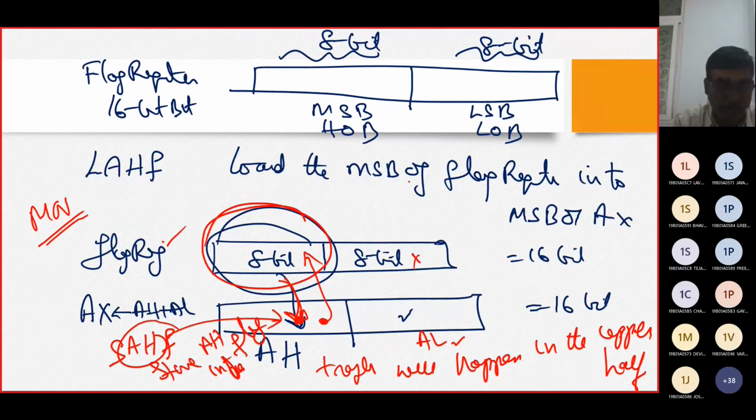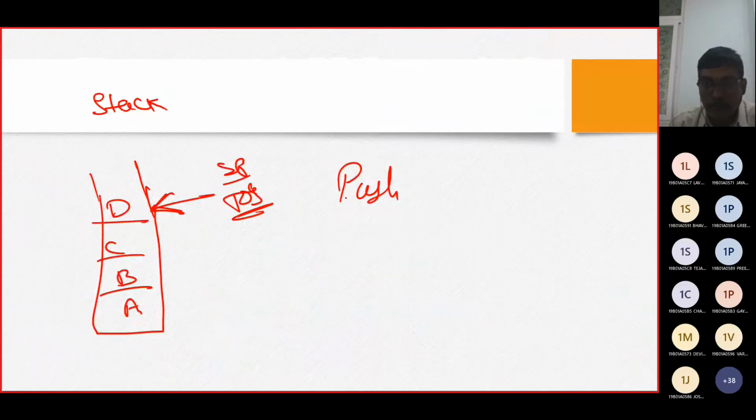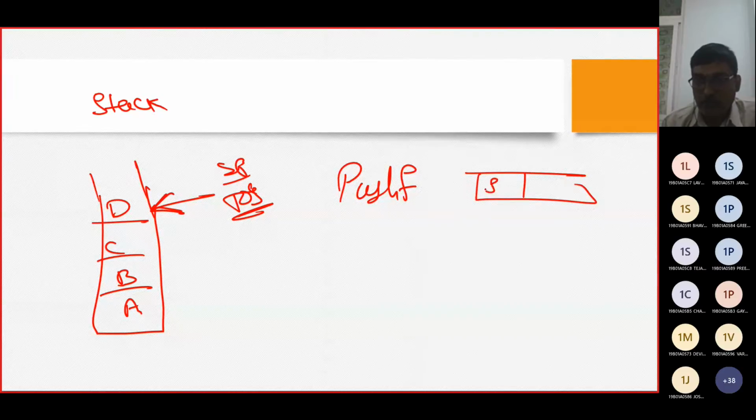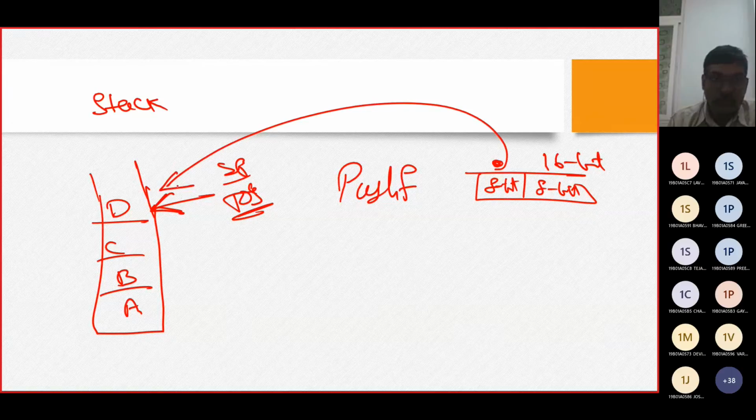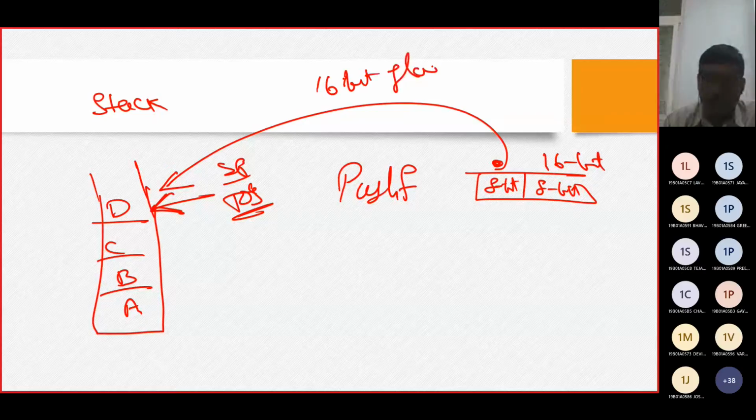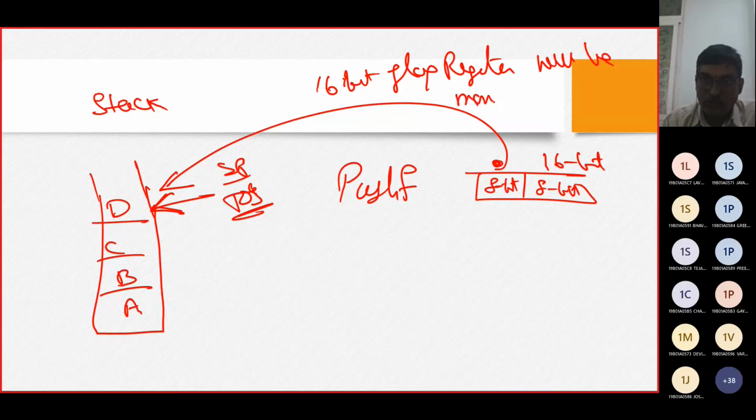When we execute this push flag instruction, the 16-bit flag register, with 8-bit high order bits and 8-bit low order bits, will be moved into the stack.